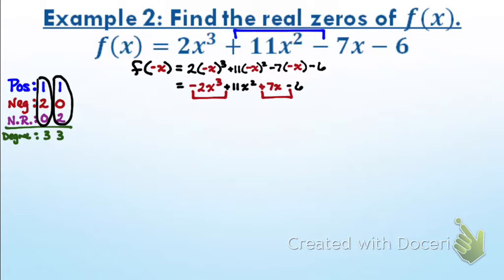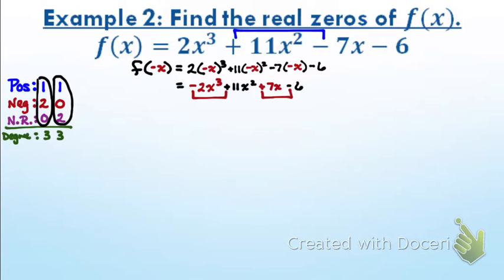How can I begin coming up with numbers that I could use with synthetic division to do some guess and check with? Rational zero theorem.